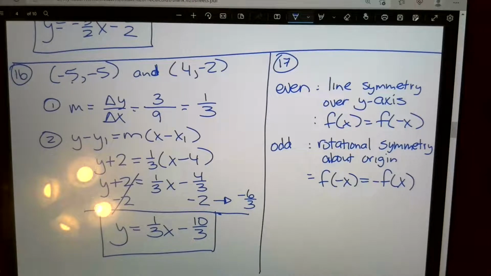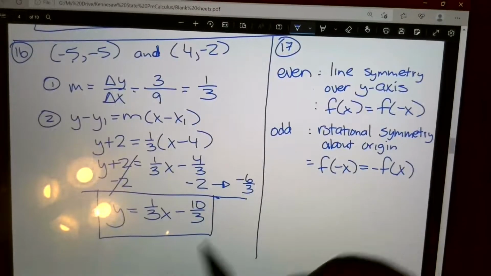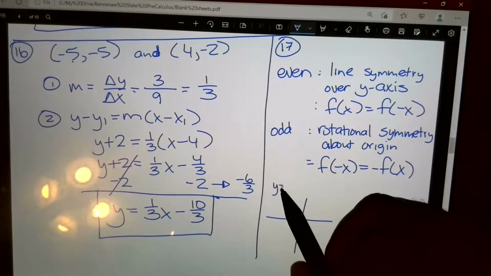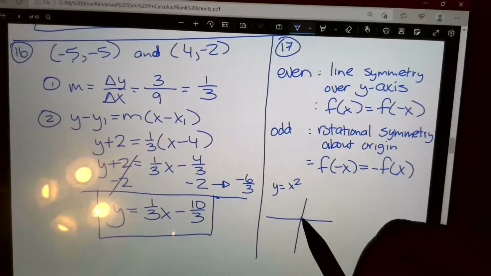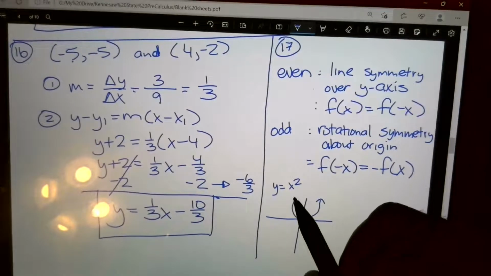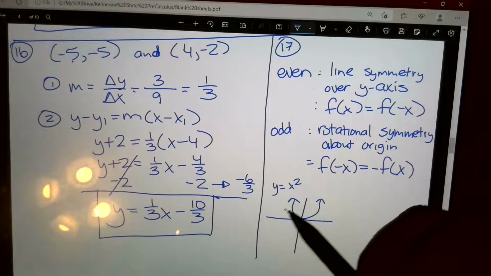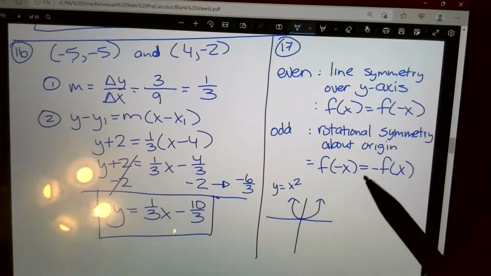All right, so graphically, that looks like y is equal to x squared. This is an even function, a parabola. It has line symmetry across the y-axis.